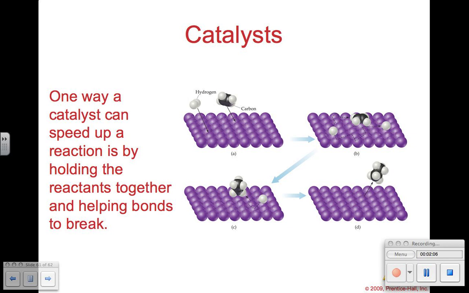And so what the catalytic converter does is you have, I believe it's platinum, or some really functional metals in your muffler system, and as the exhaust travels through that, it is catalyzed and reacts more completely, so you have less carbon monoxide and more just carbon dioxide in the process.